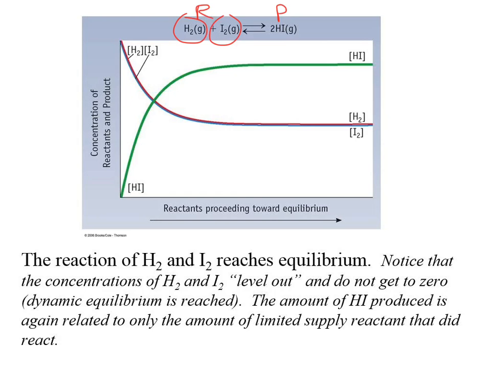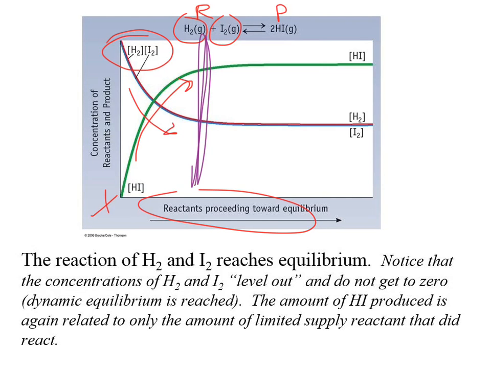But notice that at some point, somewhere in here-ish, it flat lines. What the flat line means is that it's at chemical equilibrium. It's still dynamic. We still have the H2 and I2 going to form 2HI, and the 2HI breaking down to form H2 and I2, but the rates are the same.